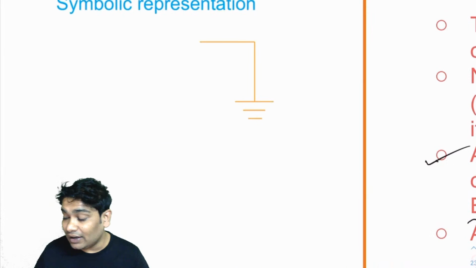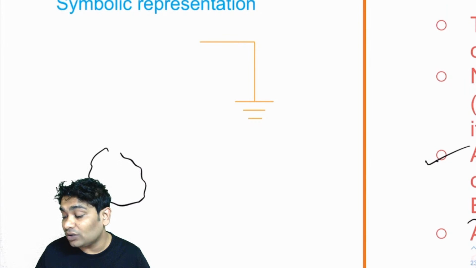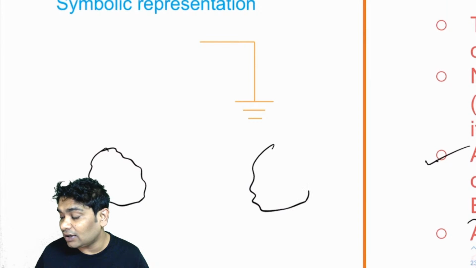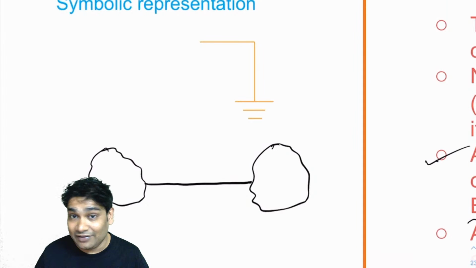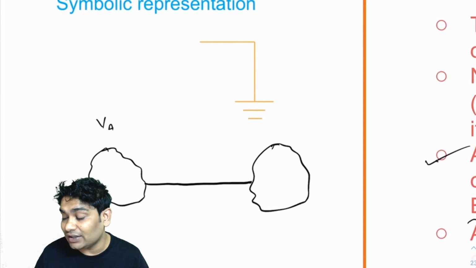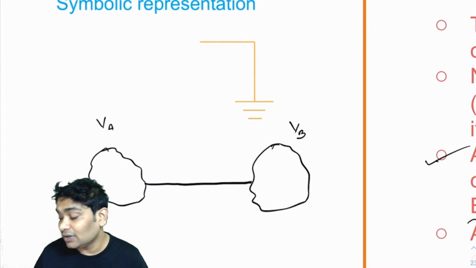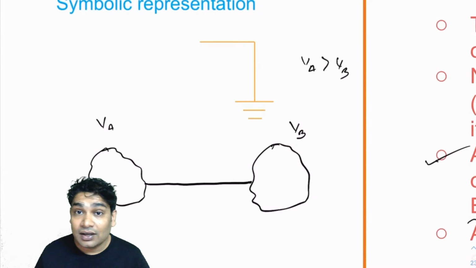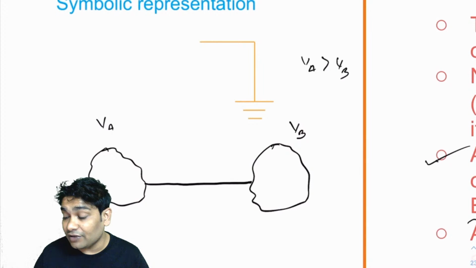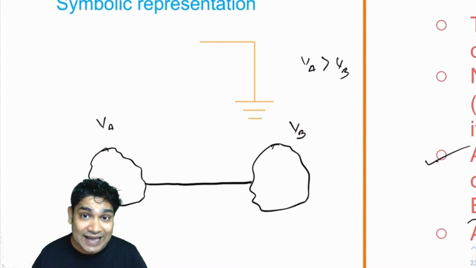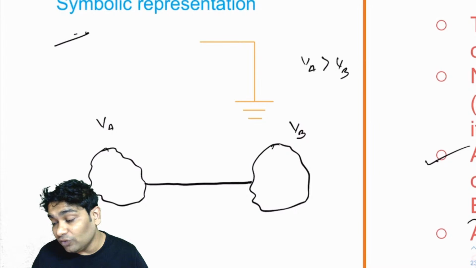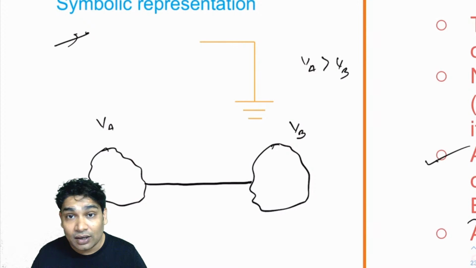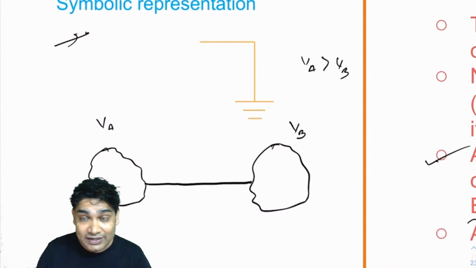What happens when I connect two conductors? There is one conductor, there is another conductor, and I connect them with a wire. Imagine one has a higher potential than the other, imagine VA was greater than VB. Now, if you remember the relation between electric field lines and potentials, whenever you move in the direction of electric field lines, your potential decreases.